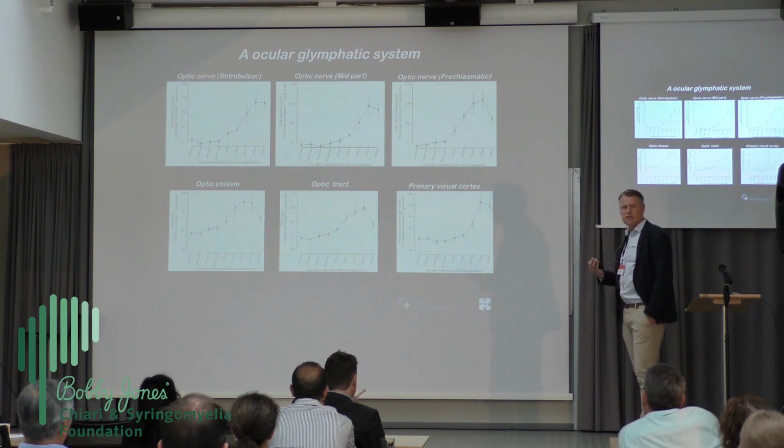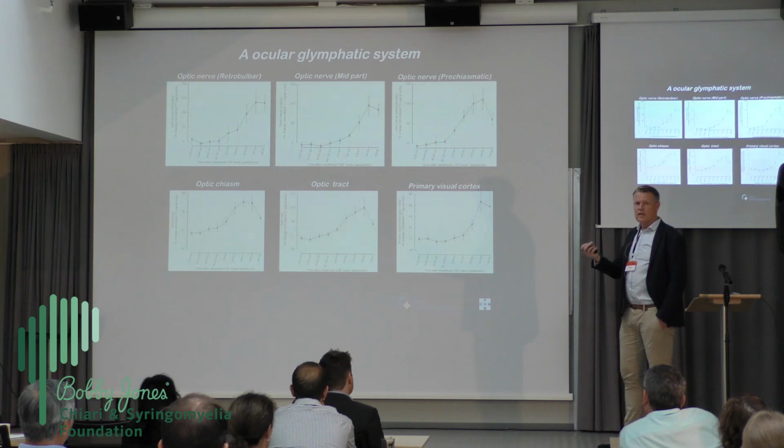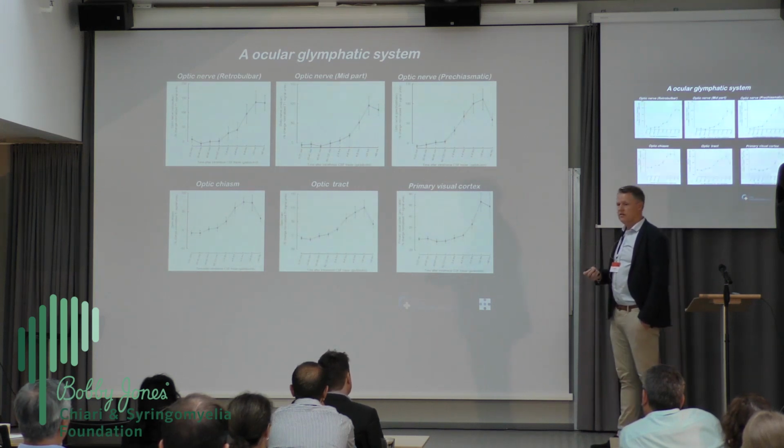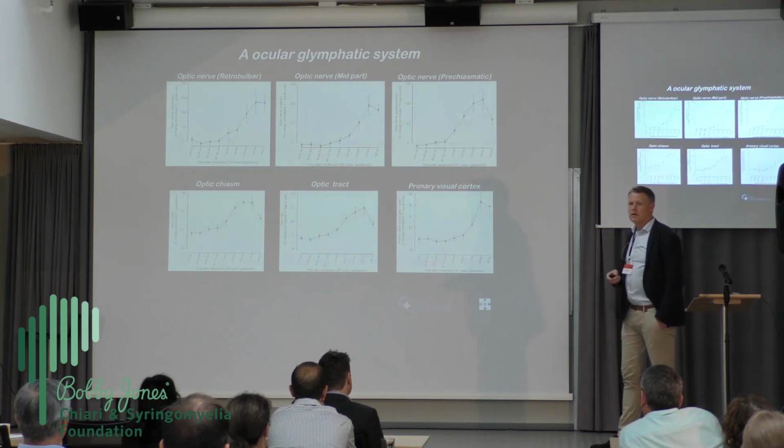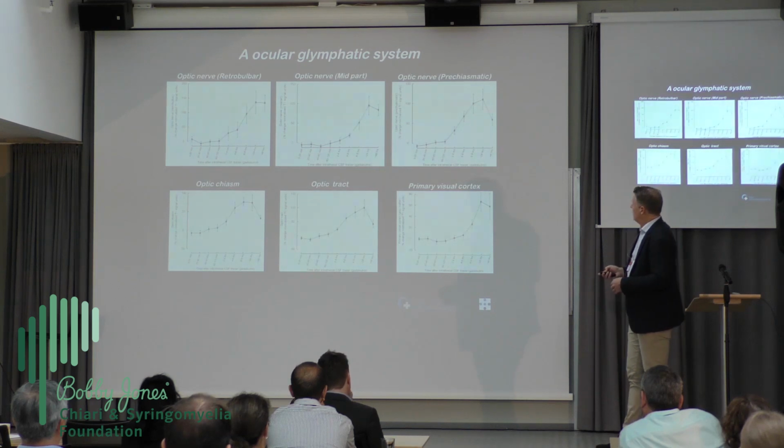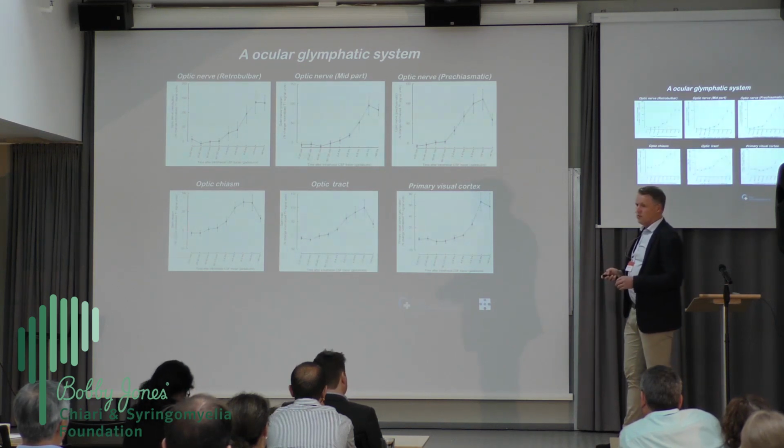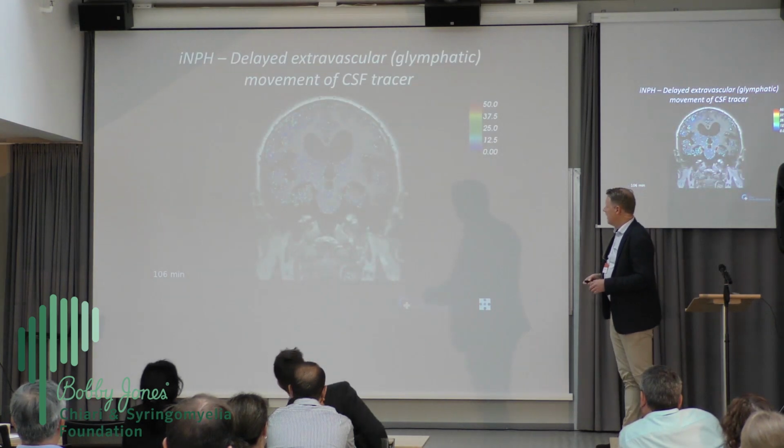So it's quite interesting that when you give a molecule, a CSF tracer, to the CSF, by lumbar puncture, then actually this is reaching the entire visual pathways in humans. So it's quite similar to what's happening within the brain.